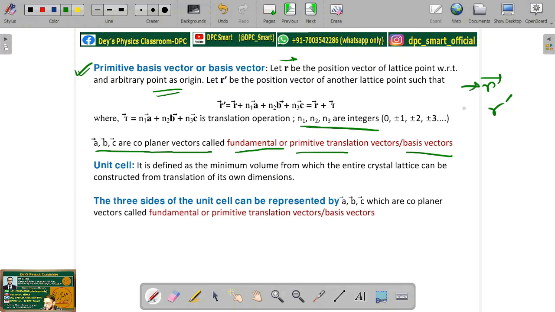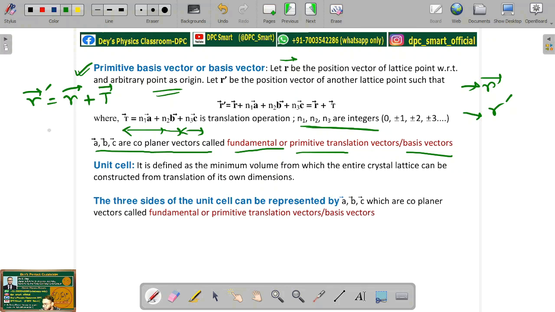This is R vector with respect to origin O. Similarly, we take another point which has a position vector of R prime such that R prime vector equals R vector plus a vector called T vector, where T vector is n1a vector plus n2b vector plus n3c vector, where a vector, b vector and c vector are three coplanar vectors called fundamental or primitive translational vectors or basis vectors, and n1, n2, n3 are three integers. So 0, plus minus 1, plus minus 2, plus minus 3 and so on.